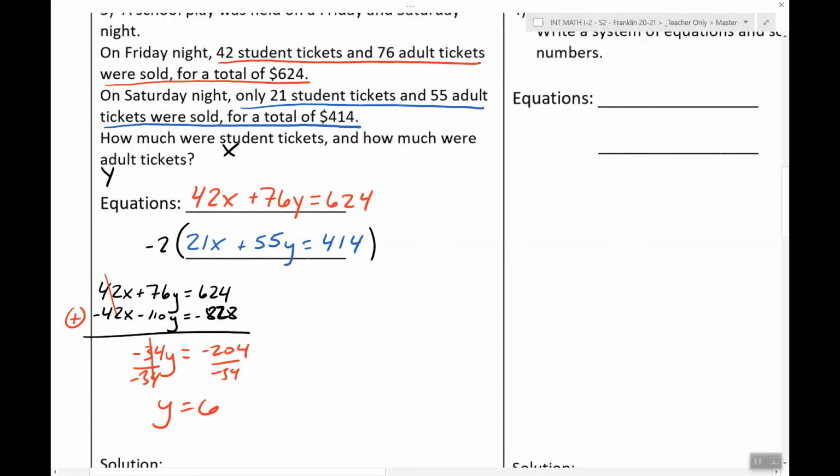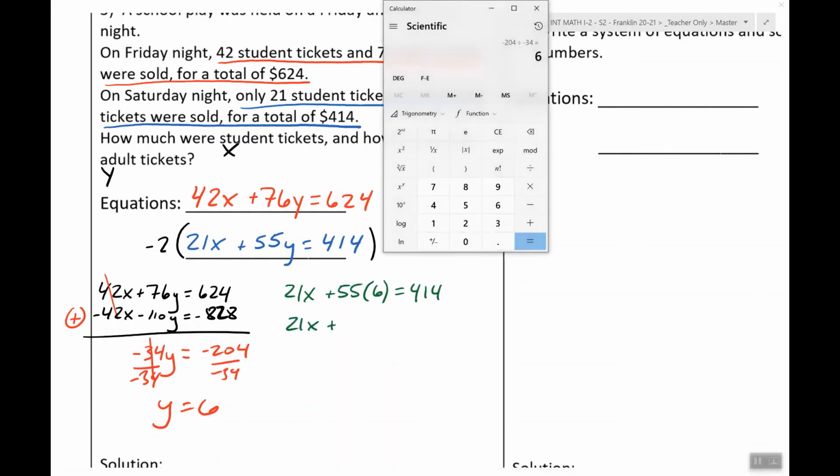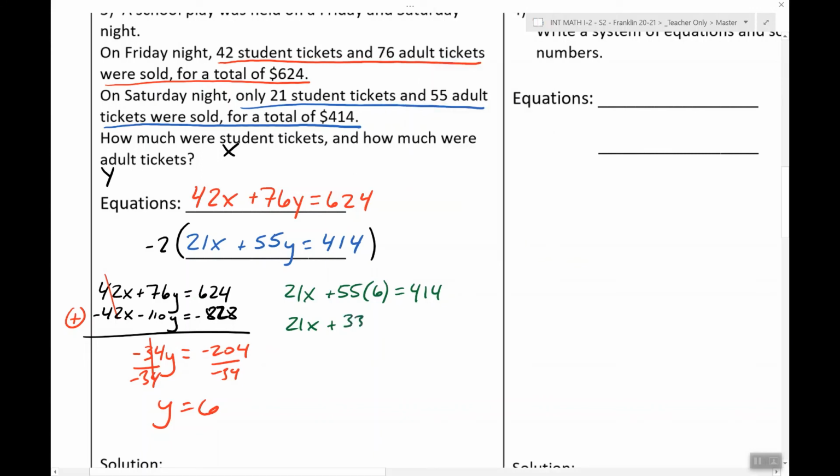Now we'll plug that in to find x. So it doesn't really matter which one we use. Let's use the smaller one. So 21x plus 55 times 6, so that's what y equals, 414. So 21x plus, and 55 times 6 is 330, equals 414. So we'll subtract 330 from each side.